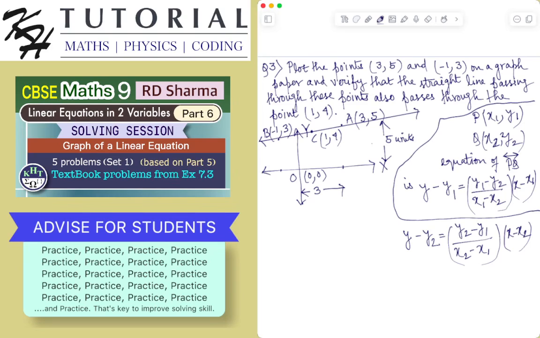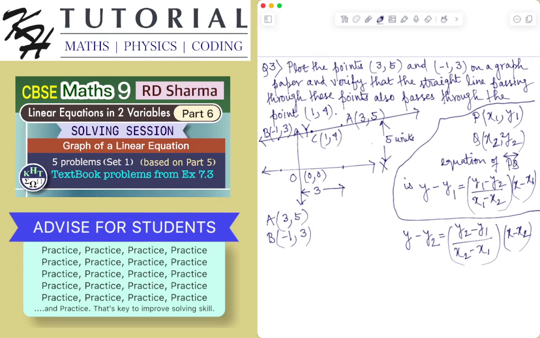Okay, so now using this concept, what will be the equation of the line that passes through the 2 given points 3 comma 5 and minus 1 comma 3? The point A is 3 comma 5, and the point B is minus 1 comma 3.